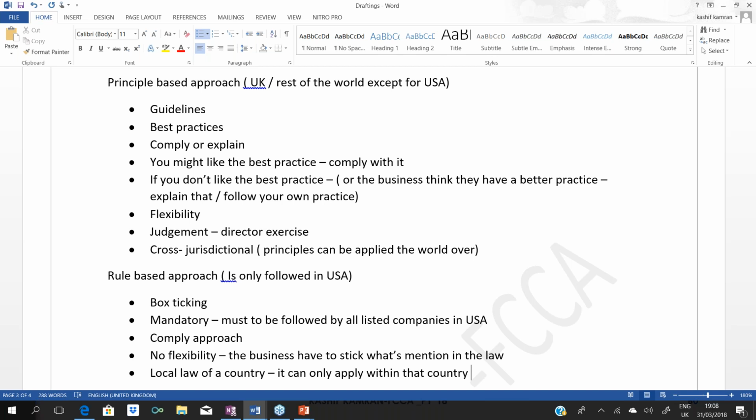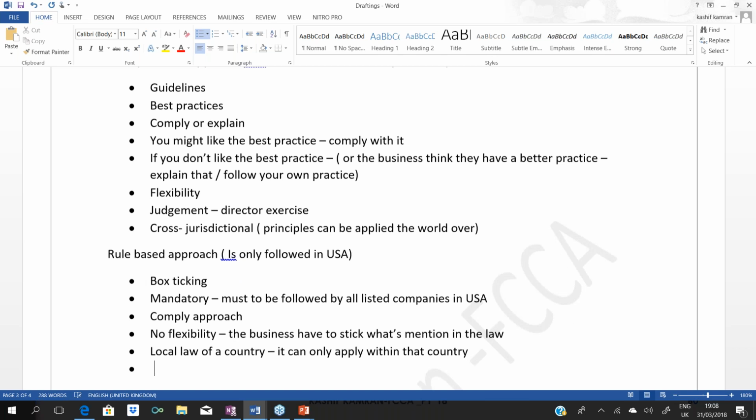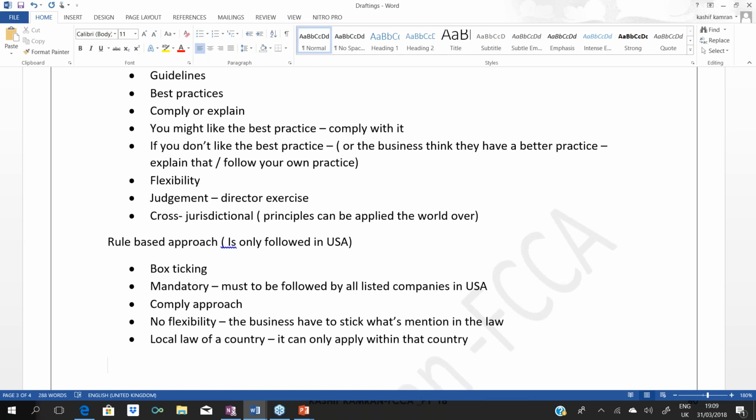Another question which comes on principles and rule-based approach, because your syllabus is focused on the UK, is that in an exam question you will get a criticism of the rule-based approach, which is the USA approach. Your syllabus will never ask you to criticize the principles. Your syllabus will ask you to criticize the rules, because that's not the focus of your syllabus, and that's the American approach. Your syllabus focuses on the UK approach.